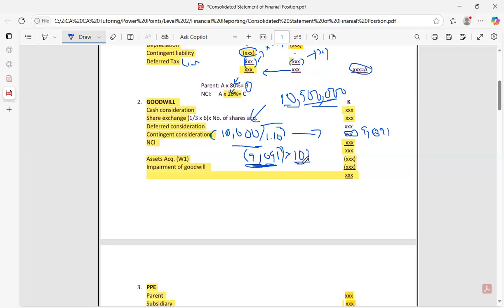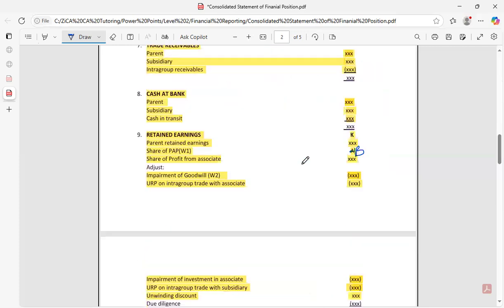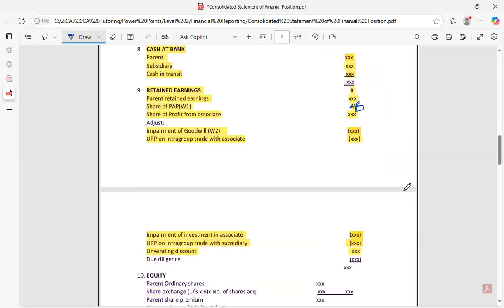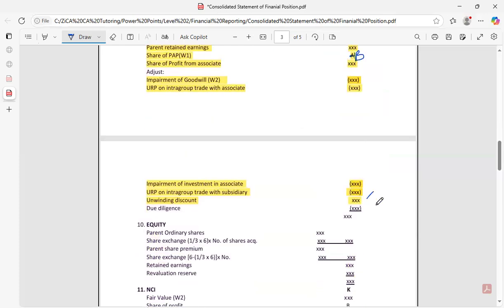So that's 10%, is what we call unwinding discount here, right? And then you need to add it to the figures that we have here. So this is supposed to be a positive.